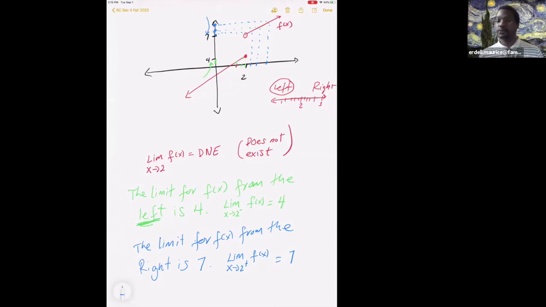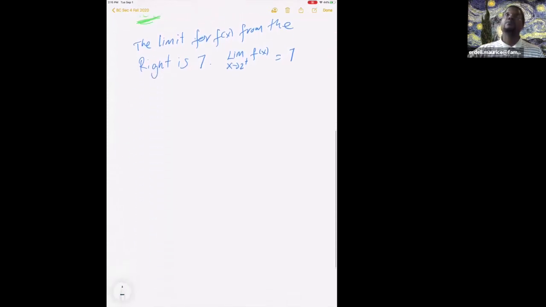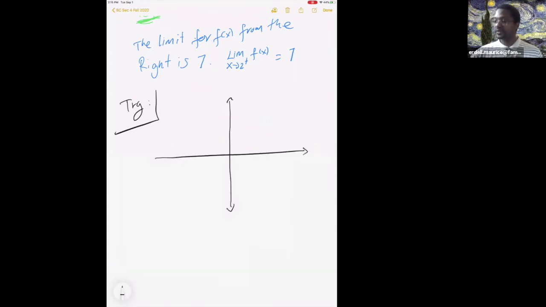Okay, cool. Let's try another example. We're going to try this one together. So I have my axes, x-axis right here, and I have the graph of a function that looks like this.